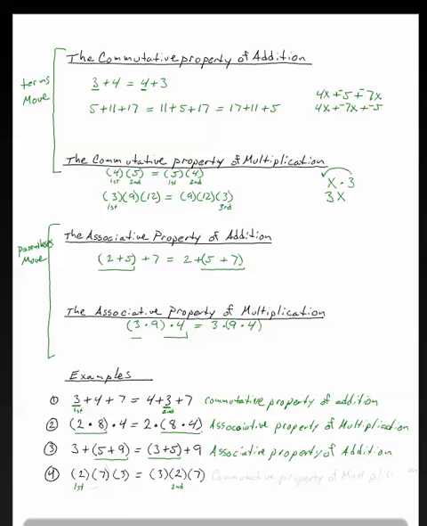So this has to be the commutative property. And then look at the operation being performed. Remember, when you have something like this, where two parentheses are sitting right next to one another, the understood operation is multiplication. So this is the commutative property of multiplication.